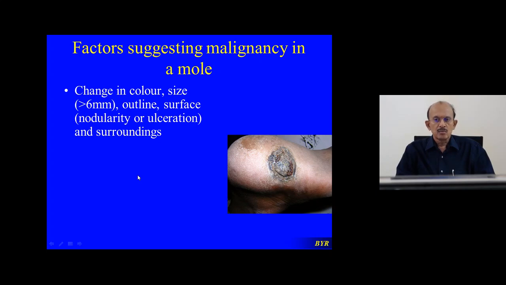So a mole, when do you say it is malignant? Whenever its color changes or becomes deepened, size is more than 6 millimeters, change in the outline, surface becomes nodular or ulcerated, and surroundings.